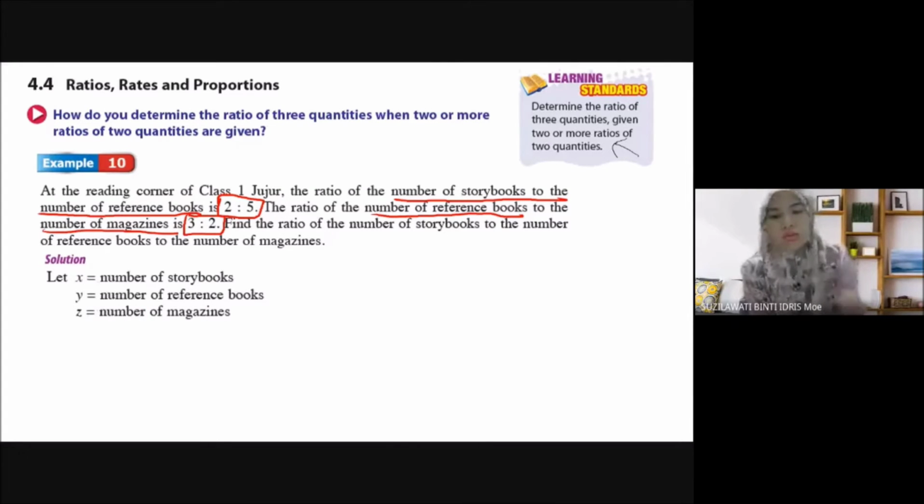So X to Y is 2 to 5, just now, this one. Then Y to Z, Y which is the number of reference books to Z, the number of magazines. Y to Z equals 3 to 2. This one, 3 to 2.